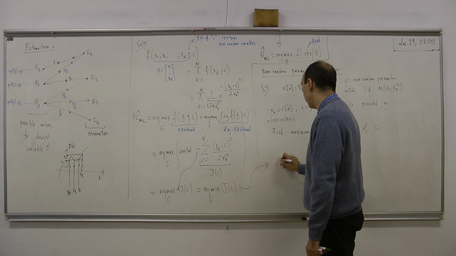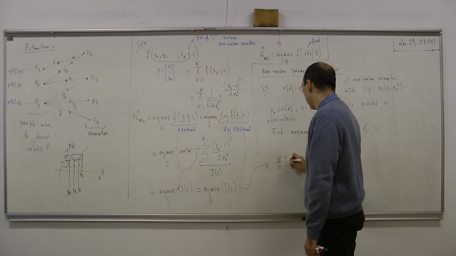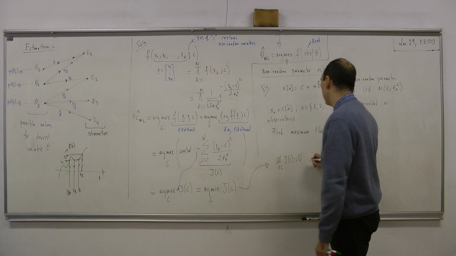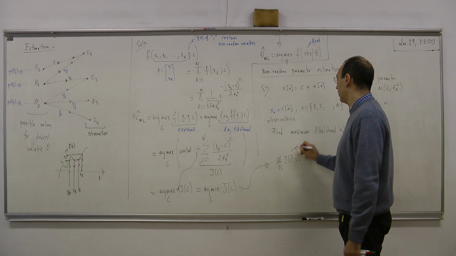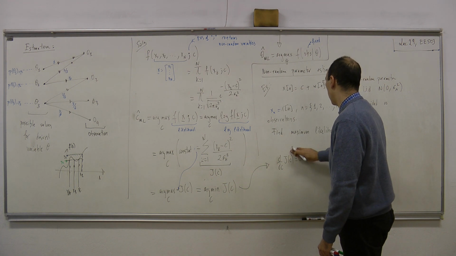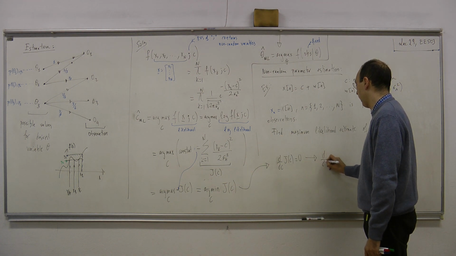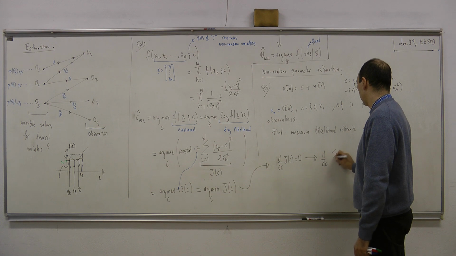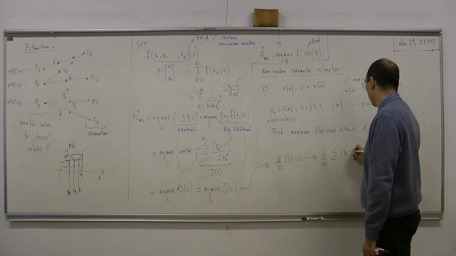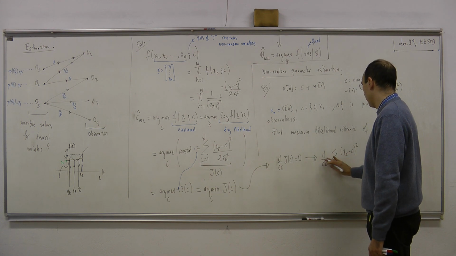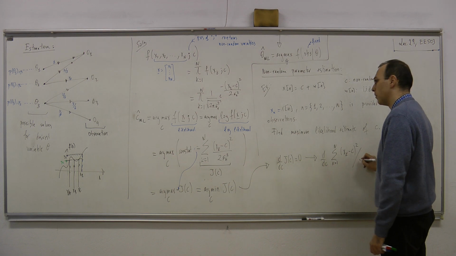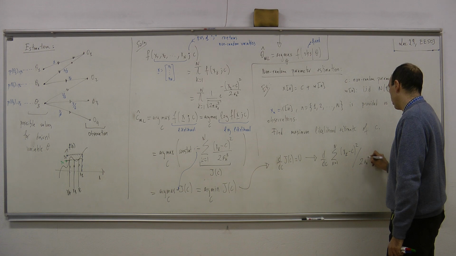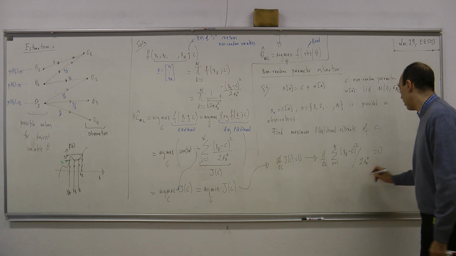Take the derivative of J(C) and equate it to 0. Divided by 2 sigma n squared, equated to 0.